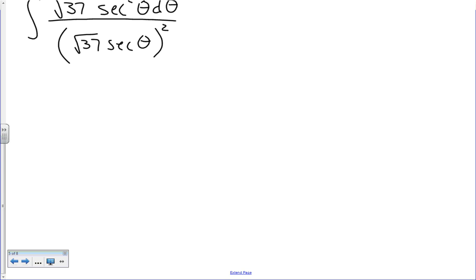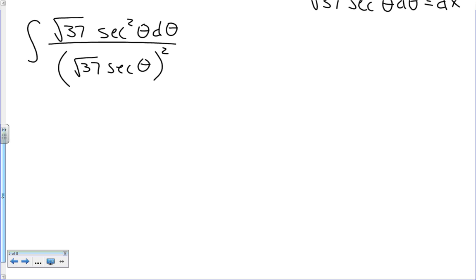All right, so let's simplify this first. You actually have secant squared in the numerator, and it's going to be secant squared in the denominator. So those guys are going to just cancel each other out. And then you've got a square root of 37 over the square root of 37 squared in the denominator. So actually, the square root of 37 in the numerator cancels out with one of the square root of 37s in the denominator. I'll just cross out that 2 down there.